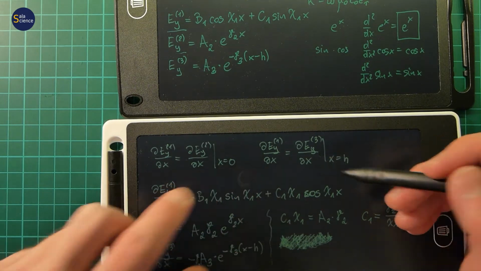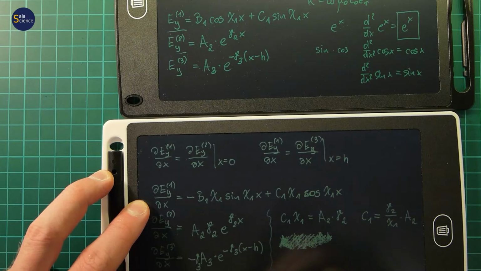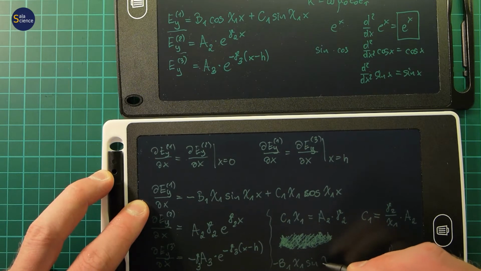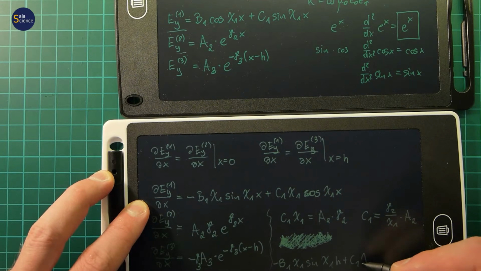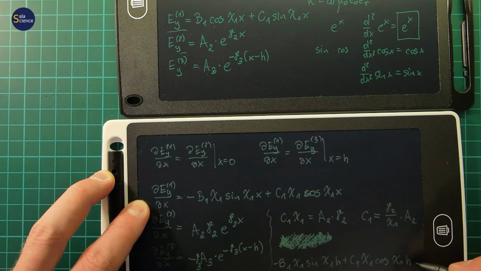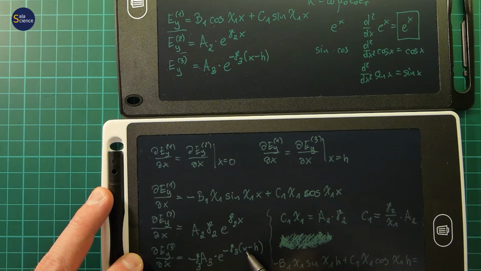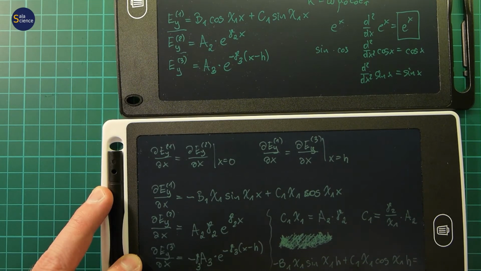So let's take the second one. In the first region we have minus b1 chi1 sine chi1 h plus c1 chi1 cosine chi1 h, and this must be equal to the third region, where e to the power of x minus h, with x equal to h, is 1, so this equals minus gamma 3 a3.